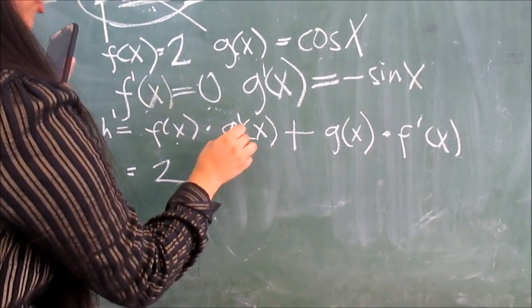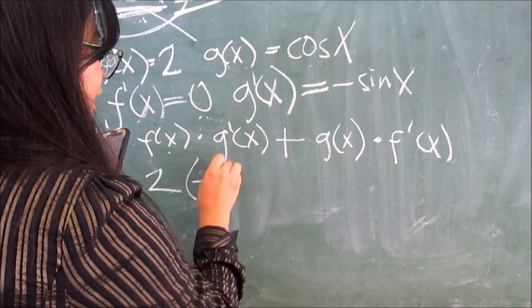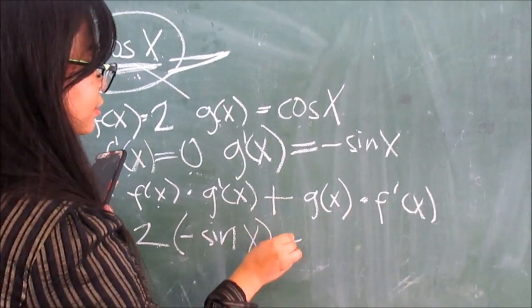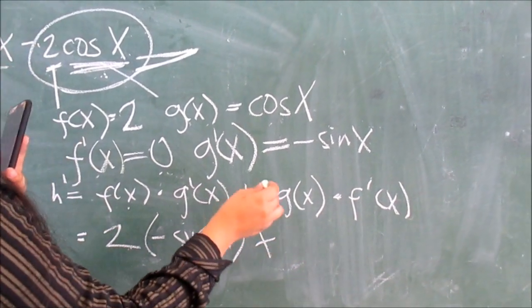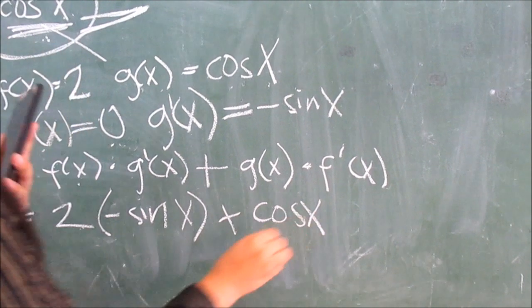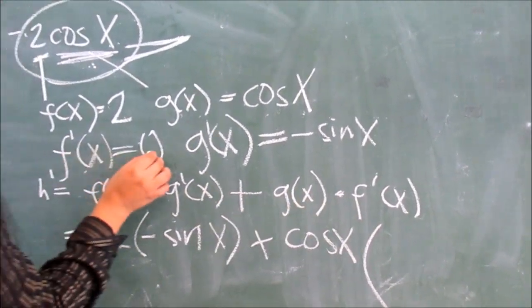At ang derivative ng g of x is negative sine x, times negative sine x, plus the g of x is cosine x times the derivative of f of x, which is 0.